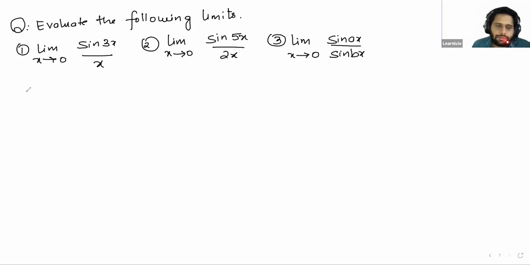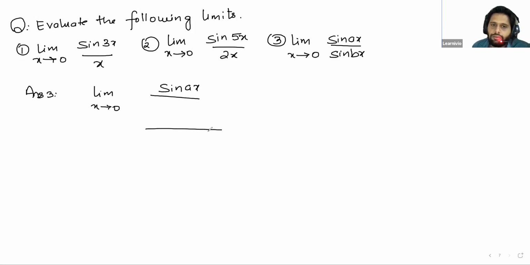Please check this. Third one. Answer 3. So this is limit x tends to 0 sine ax by sine bx. Now, if we need to put the formula, then in the numerator, what we need?